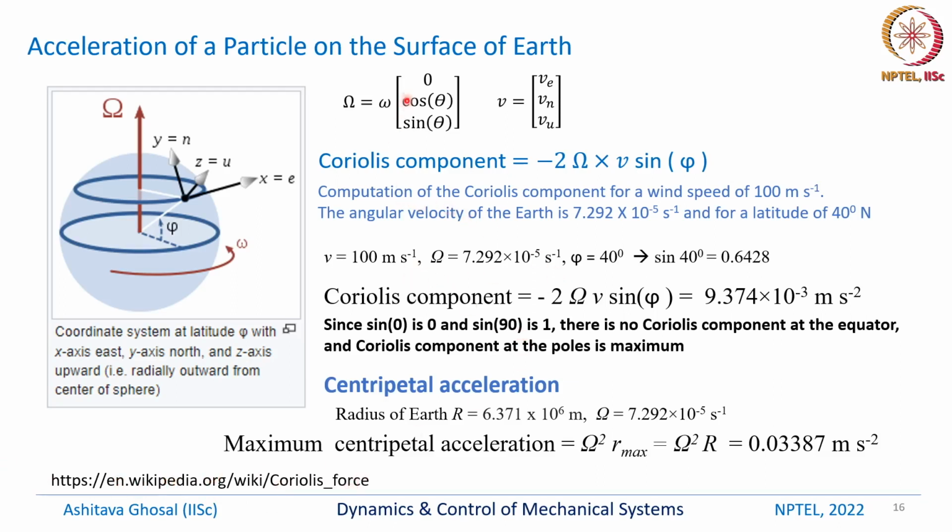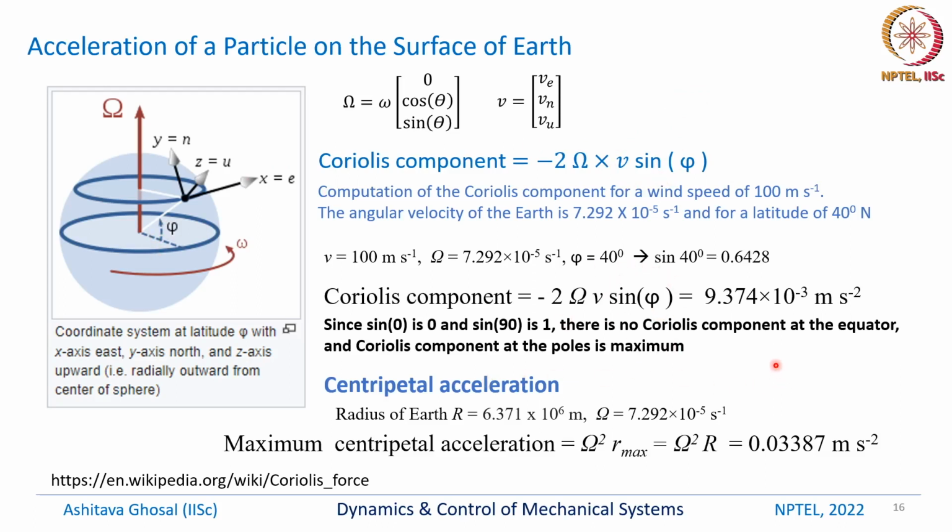So if you are given these numbers, v is this, omega is this, the latitude is 40 degrees, then we can find what is the Coriolis component. The Coriolis component is nothing but 2 omega cross v sin phi. Okay, so this sin phi is coming because of this latitude, which is very similar to omega cross v rel.